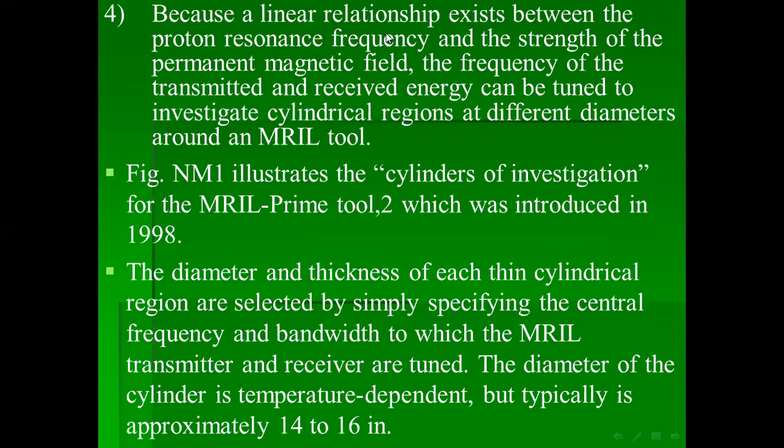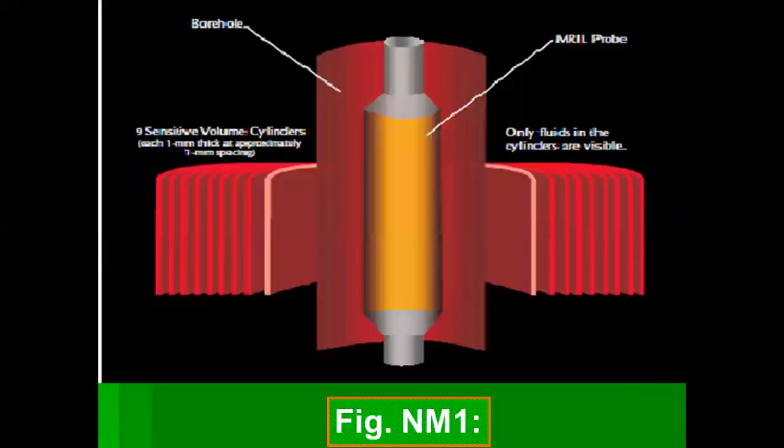And because of the linear relation between the proton resonance frequency and the strength of a magnetic field, the frequency of transmitted and received energy can be tuned to investigate cylindrical regions at different diameters around the magnetic resonance imaging tool.